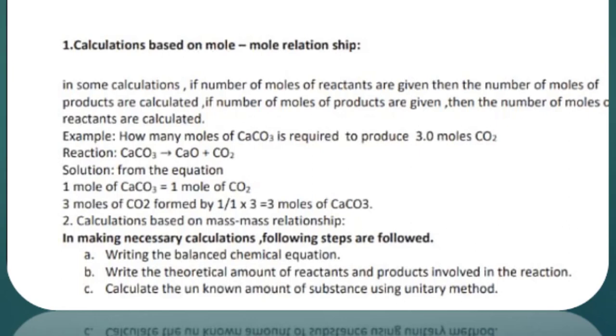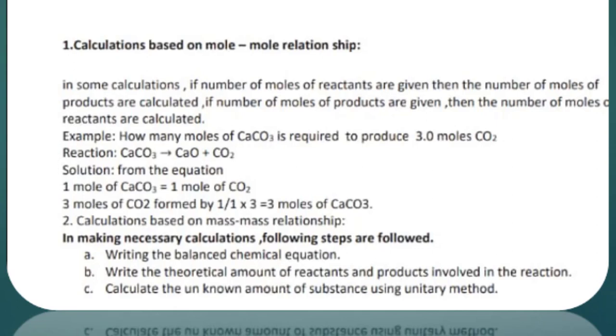Calculations based on chemical equations are divided into 4 types. In stoichiometric calculations, mainly there are 4 types of calculations. First is calculations based on mole relationship.